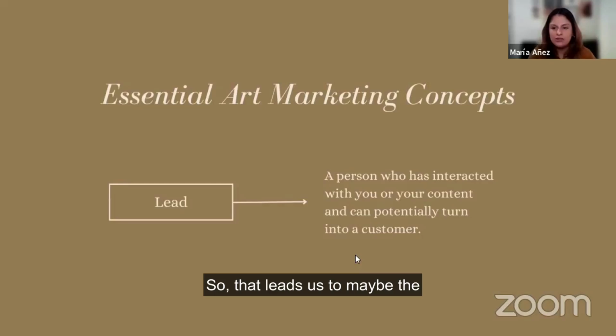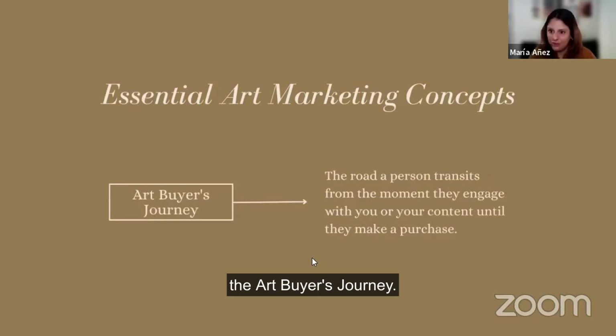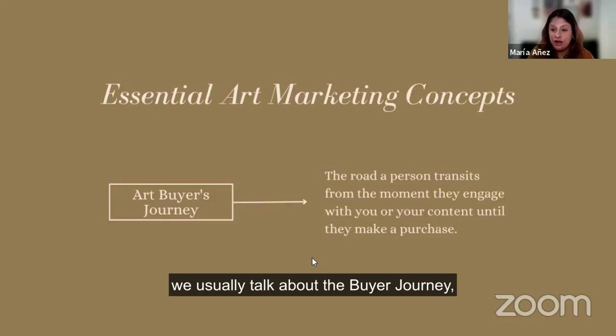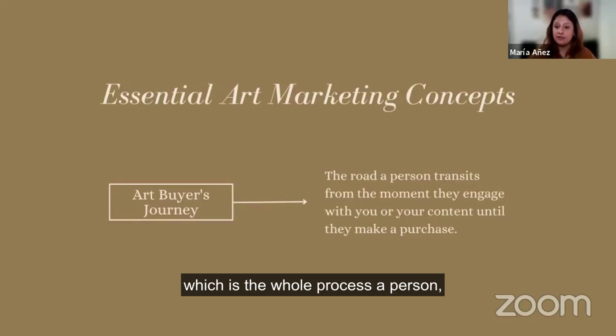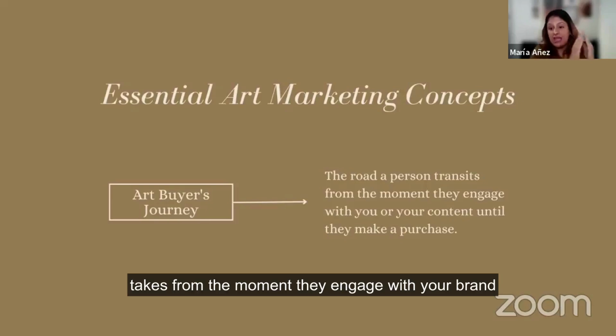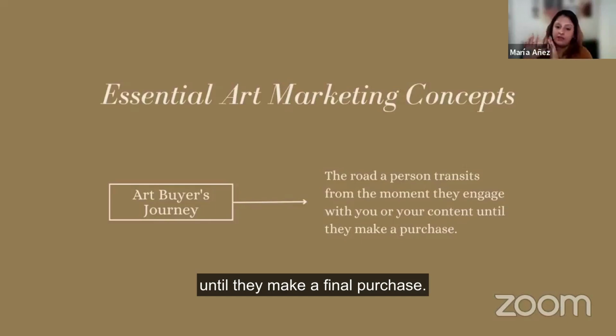So that leads us to maybe the core of this whole presentation, the art buyer's journey. In marketing, we usually talk about the buyer journey, which is the whole process a person, let's say a visitor, a potential customer, takes from the moment they engage with your brand for the first time until they make a final purchase.